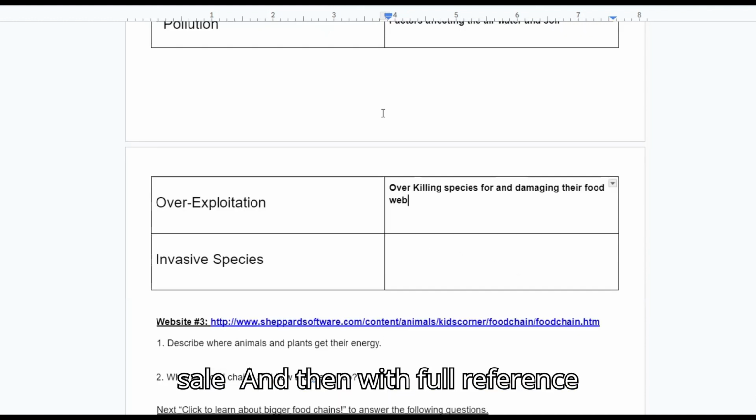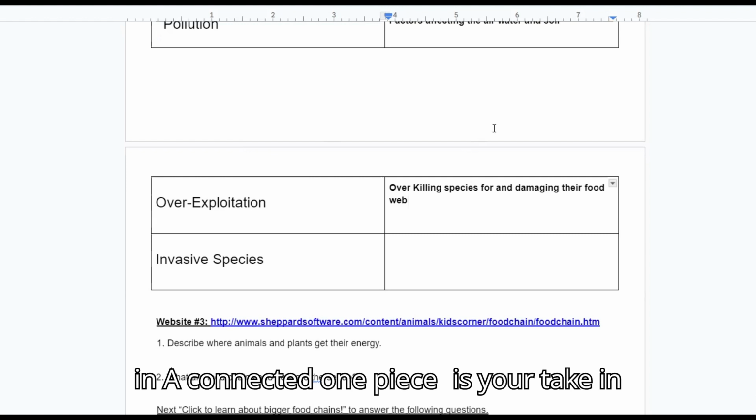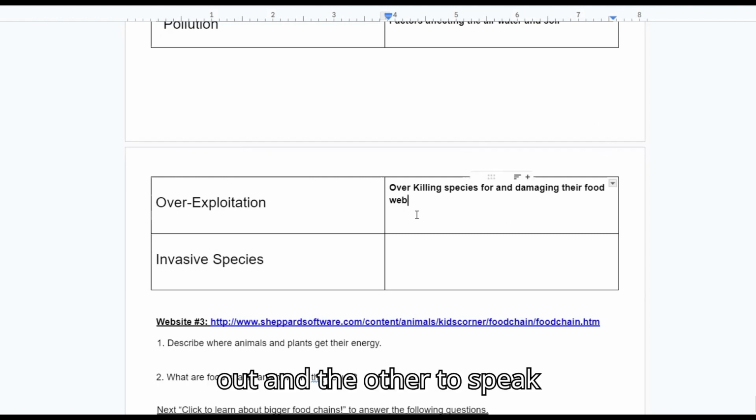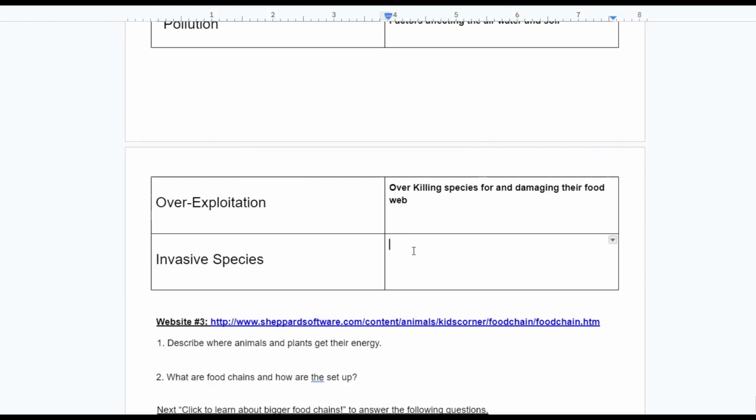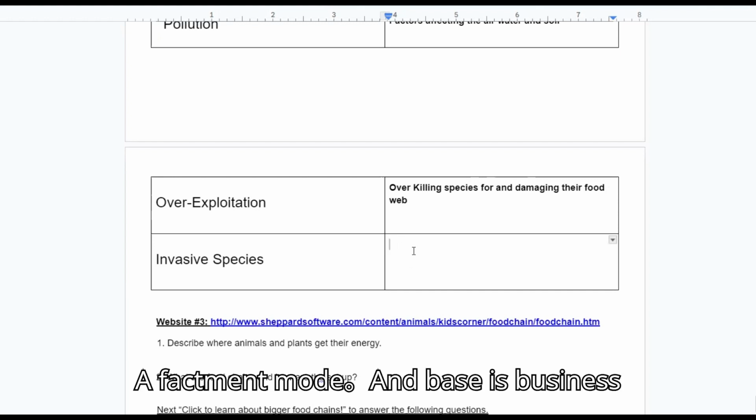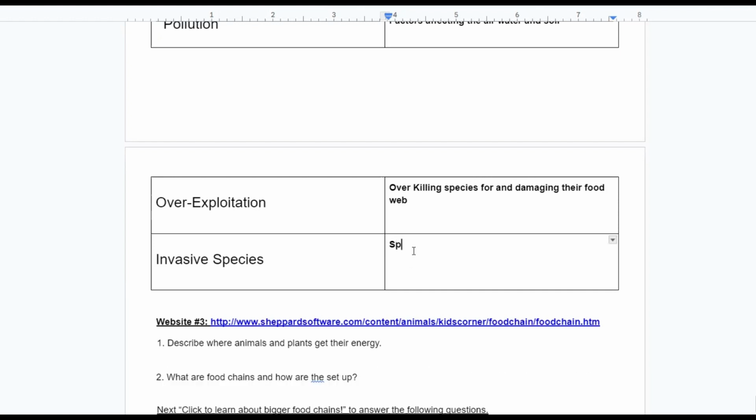All right, so that's what you're going to be drawing in class. So remember, a food web is interconnected. So if one species is taken out, then the other species, or multiple species, are affected. Invasive species are species that move from one location to another and damage the new ecosystem.